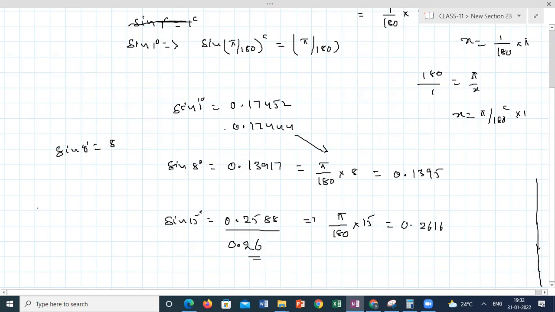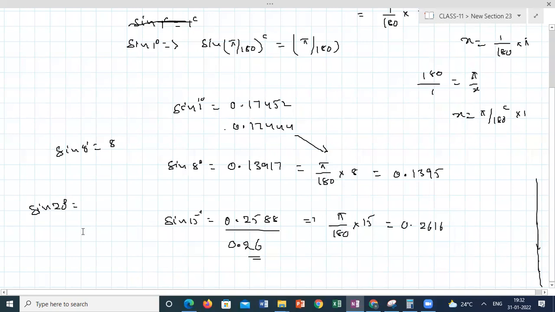But if I increase the angle to sine 20 degrees, I will write in red color to show the little difference. The value of sine 20 degrees using the calculator is 0.342020.